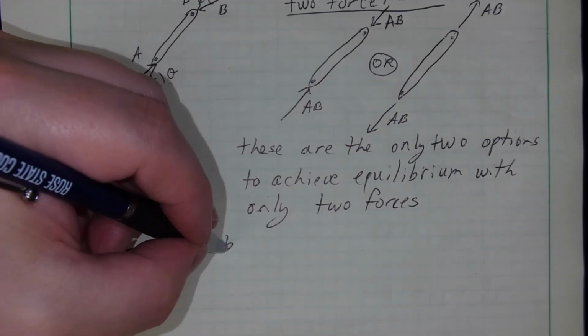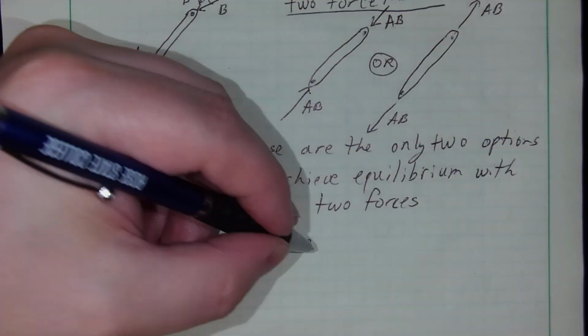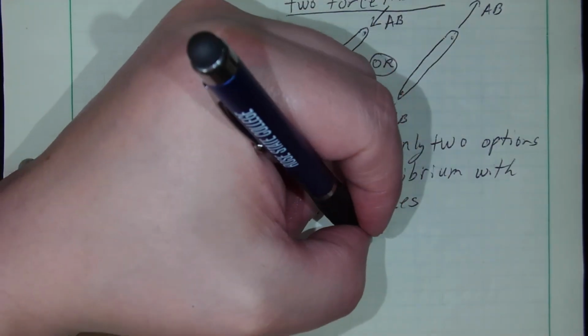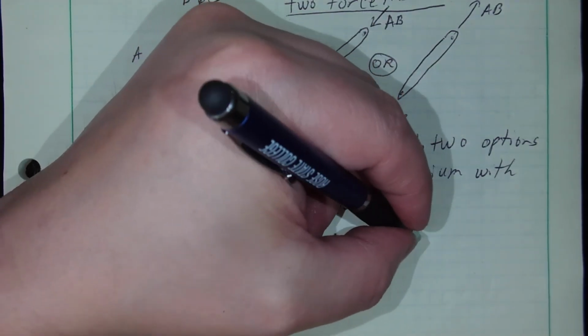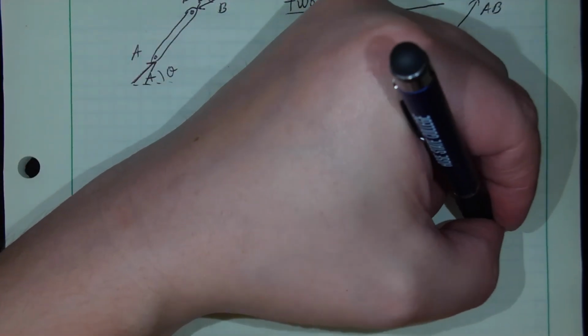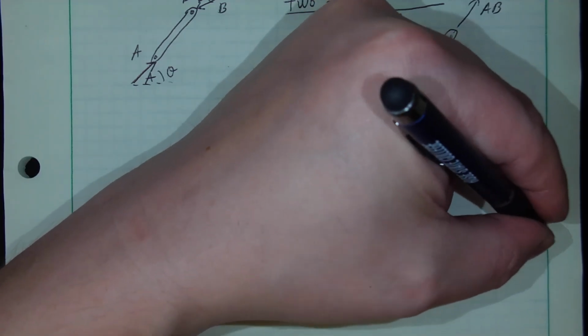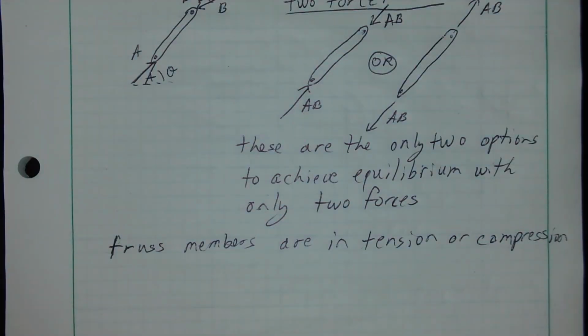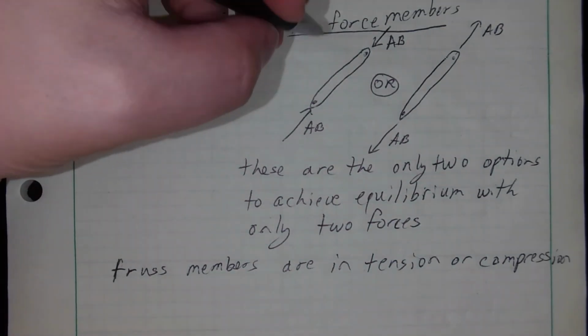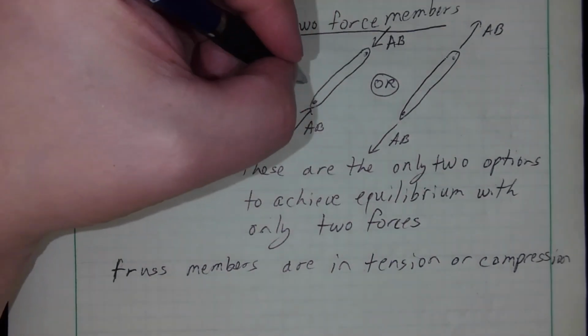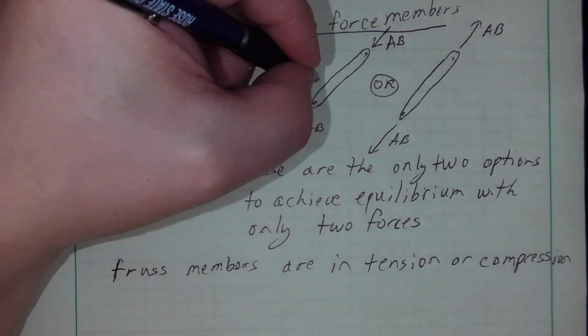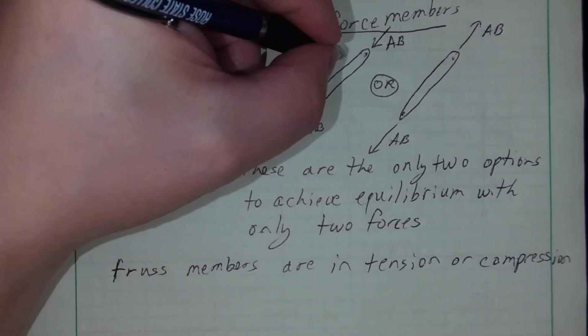Truss members are in tension or compression. This one, for example, is in compression.